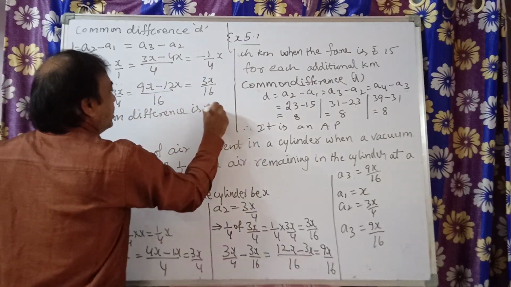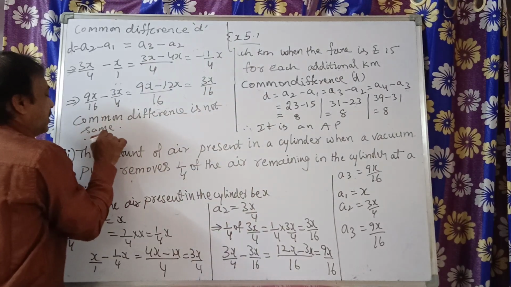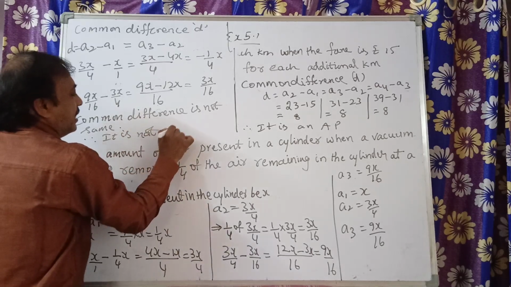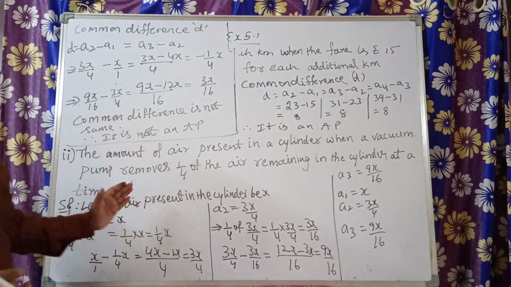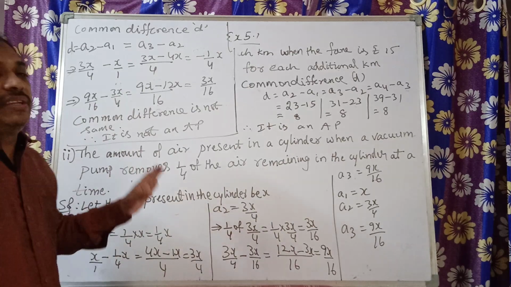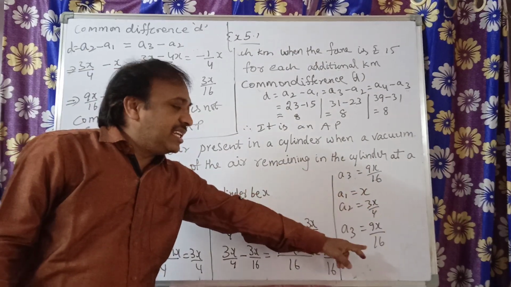Therefore, it is not an AP. The given statement, the volume, when they are removing 1 by 4th every time, that sequence will not form an AP. The terms are x, 3x by 4, 9x by 16.